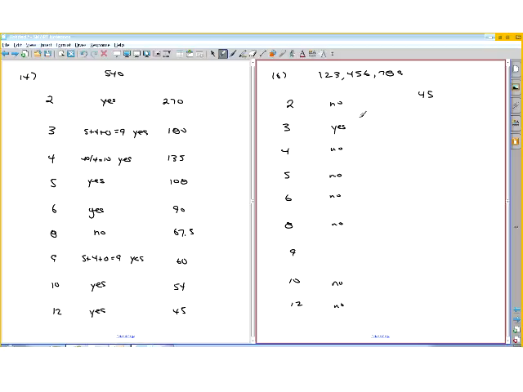Yes. 45 divided by 3 is 15, so that's true. And 9, yes, 45 divided by 9 is 5, so both 3 and 9 divide into it.